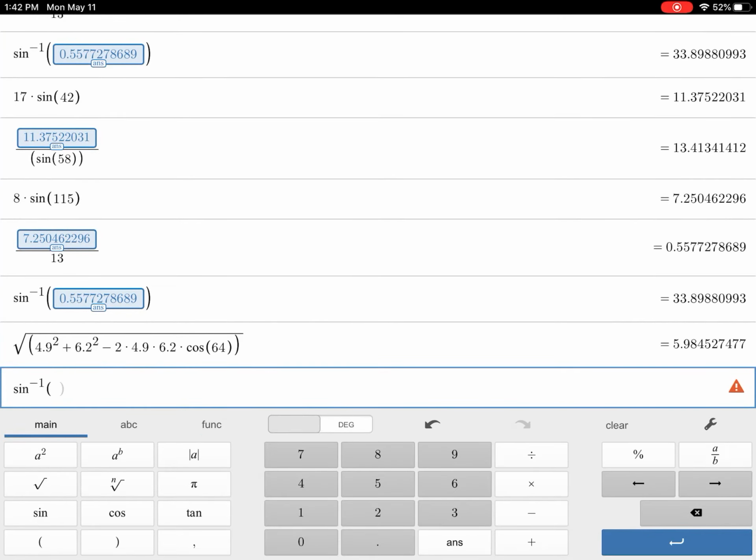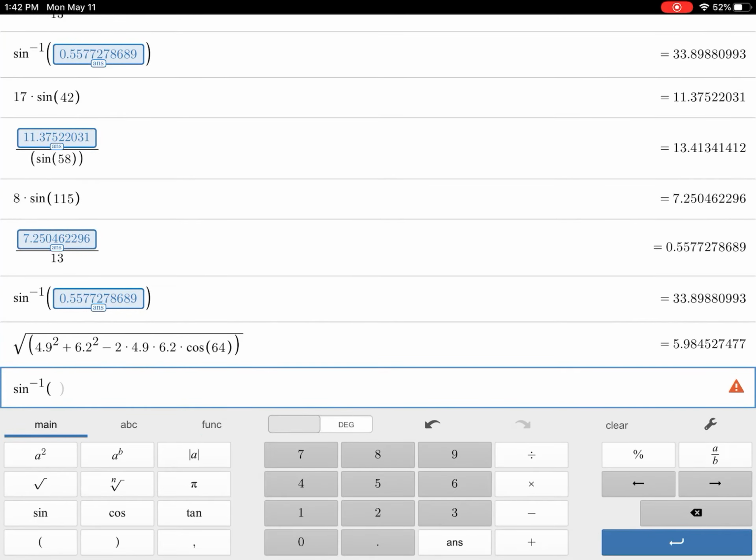So that's 4.9 times sine 64 and bracket. And this whole thing is going to be divided by 5.98. You can see in my calculator, it just divided the sine 64 by 5.98, then it times it by 4.9, which is fine.